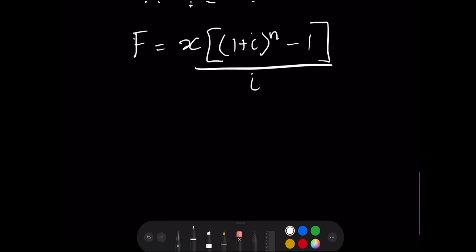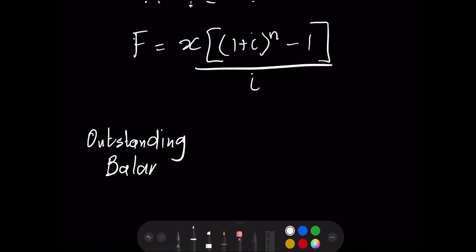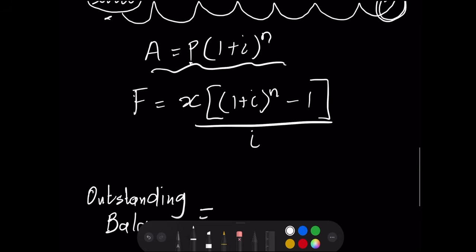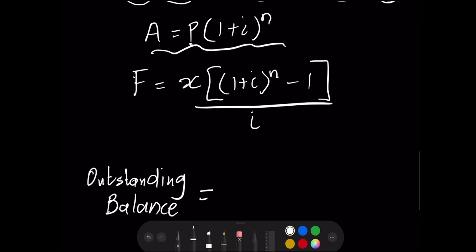So to calculate the balance of a loan, what will you do? You take this amount over here and subtract it from that amount.